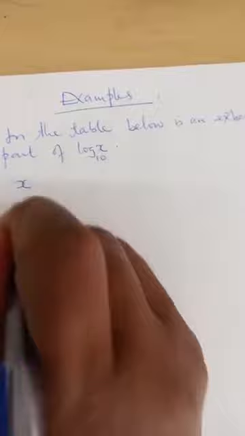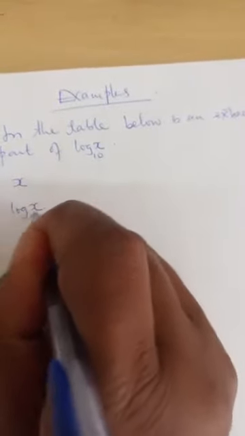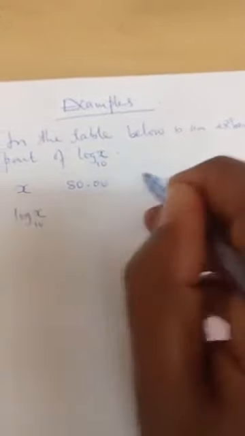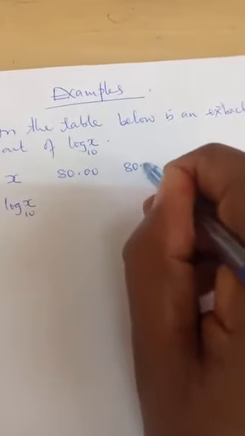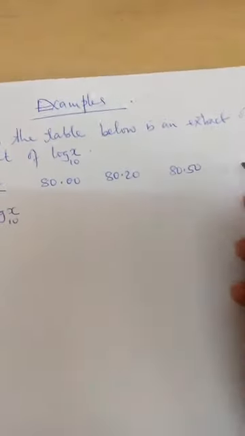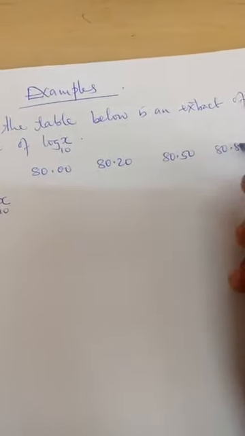And the table is here. We have the value of x, we have its corresponding logarithm: 80.00, 80.20, 80.5, and 80.80.